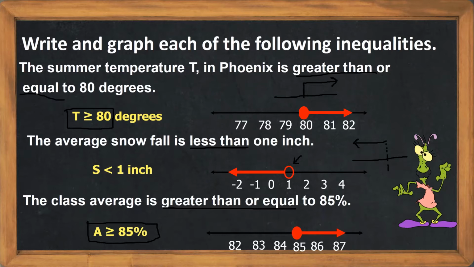So we go to the right side and the circle is filled because we have "or equal". Okay, and another way to symbolize this, you just put 85 and a straight line going to the right side. I wish you understood how we write a statement and how we represent it on an axis.